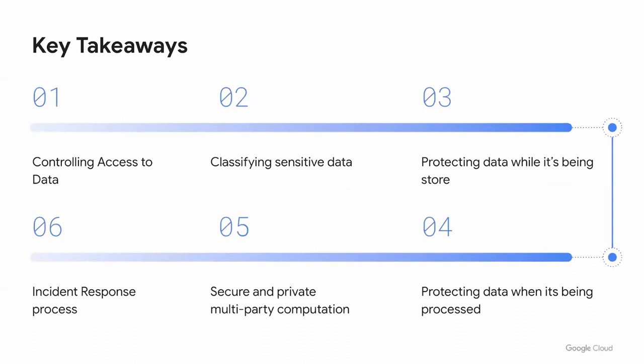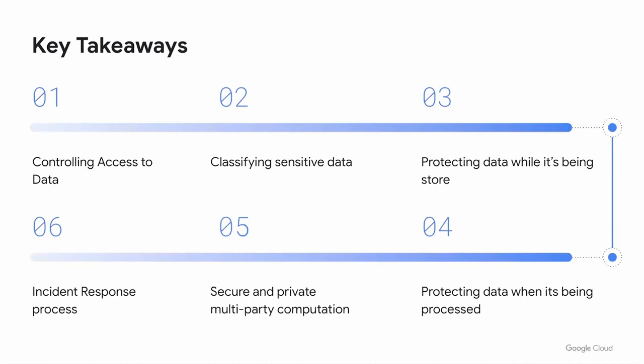Okay, so to summarize, today we covered quite a few topics, right? We went through data access and classification controls, protecting data at rest using various key management mechanisms, protecting data while in use through this newer technology called confidential computing. And then we touched on how to unlock sensitive data through secure multi-party computation and collaboration.